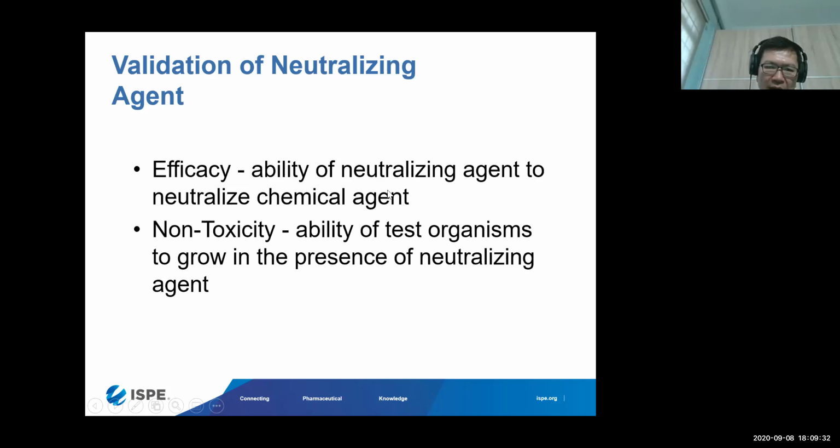Make sure you can recover at least 70% of the microorganisms compared to the positive control. Same for non-toxicity as well. Make sure that the neutralizer is not toxic to the microorganism. This is basically to introduce the microorganisms into the neutralizing agent, and then you recover at least 70% of the microorganisms compared to the positive control.